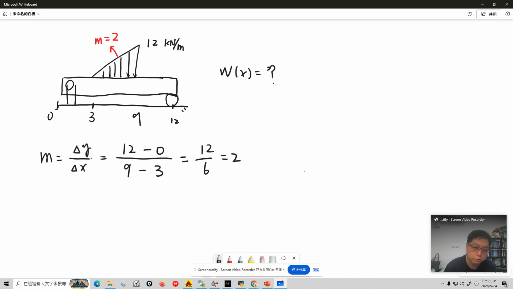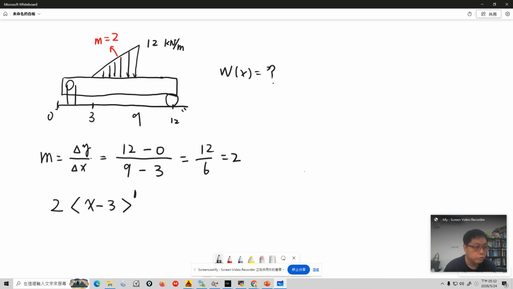In the previous section, we said that if you have a linear triangle distributed load, the load is equal to the slope times the discontinuity function to the power 1. This starts from x equal to 3, and the slope is 2. So we may think the distributed load is w(x) equals 2 times the bracket x minus 3 to the power 1.